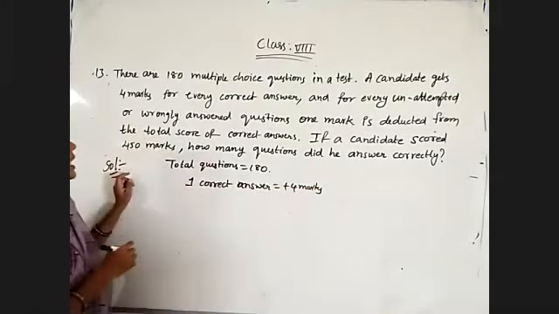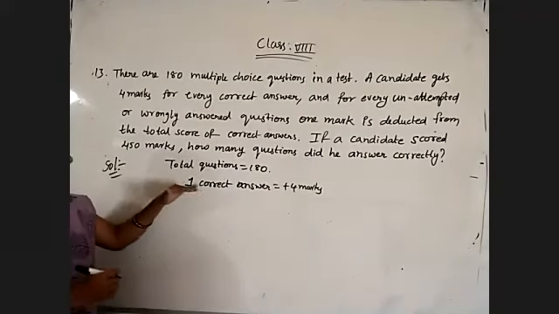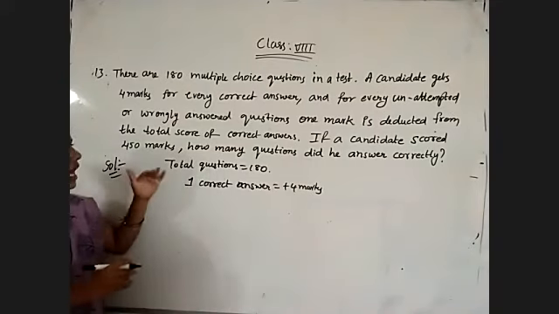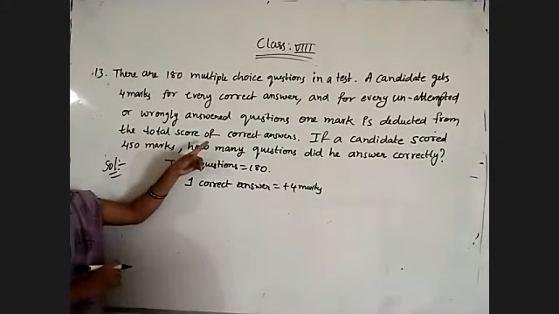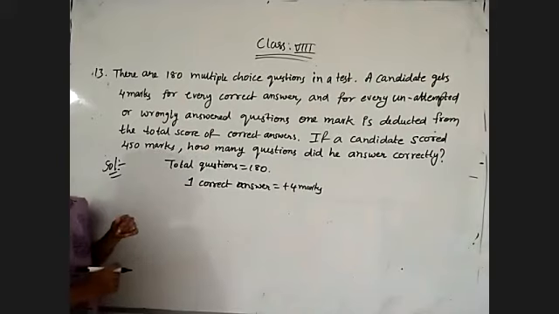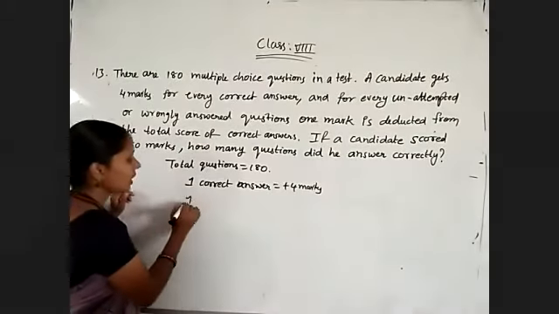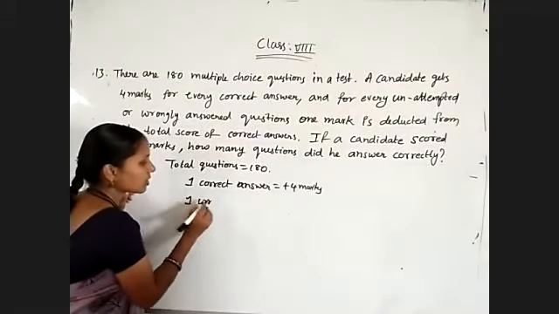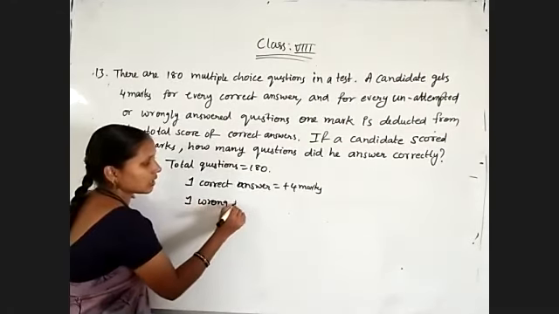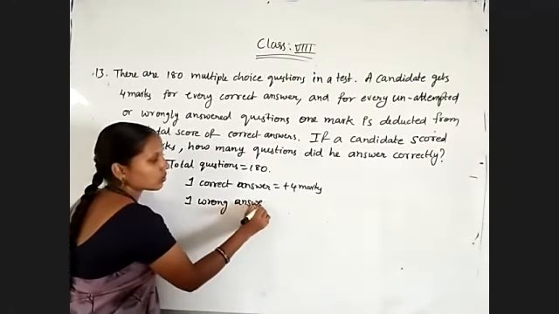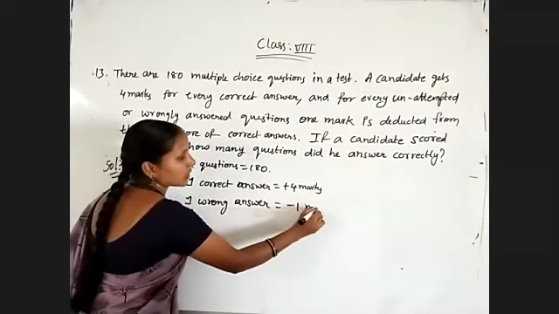And for every unattempted question, meaning whatever he didn't write, and wrongly answered questions, he is getting 1 mark less. So one wrong answer or not attempted question is equal to minus 1 mark.